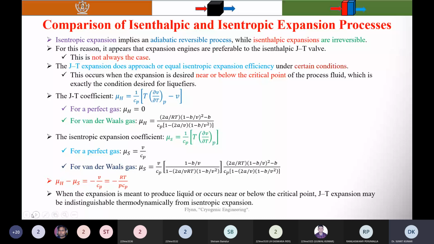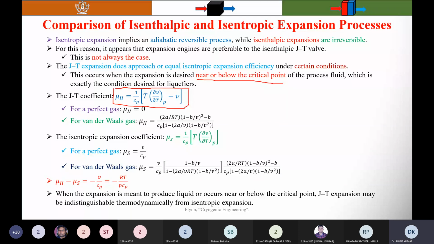If you want liquid yield, your JT coefficient works under these conditions. So first we need to prove this formula.